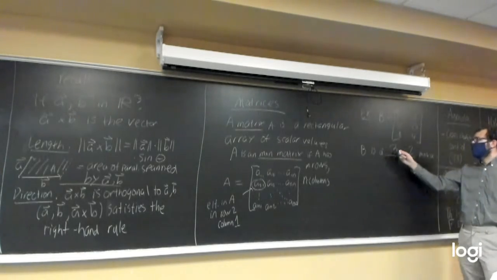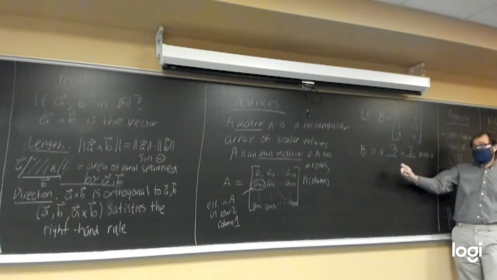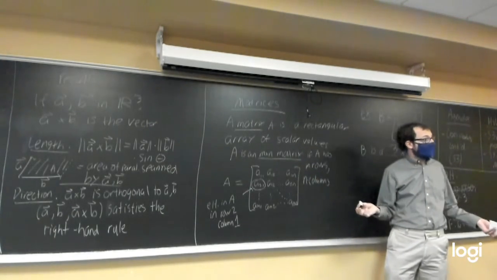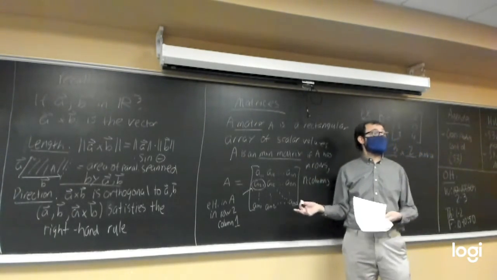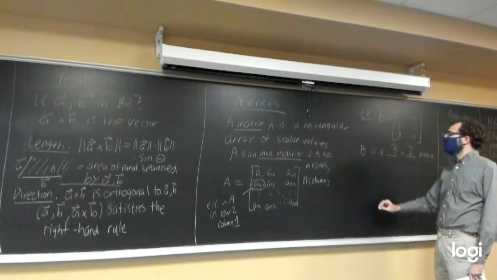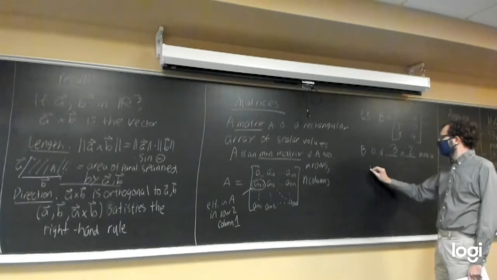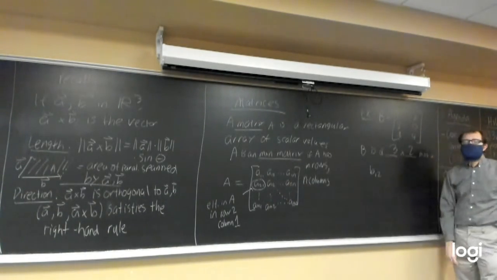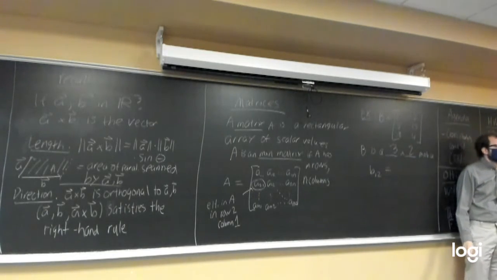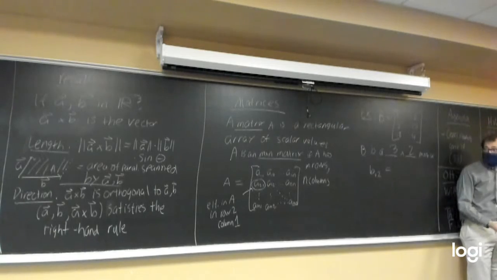Where, by the way, if you multiply 3 and 2, or in this case m and n, that's going to tell you the overall number of scalar values contained within your matrix. So looking at this, what could we say that little b sub 1,2 is going to be equal to? Negative 2.